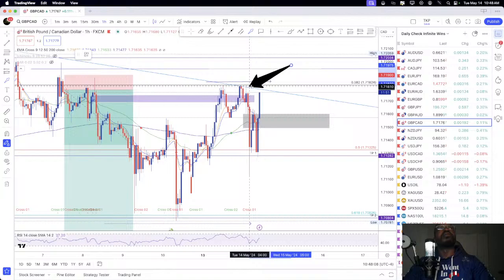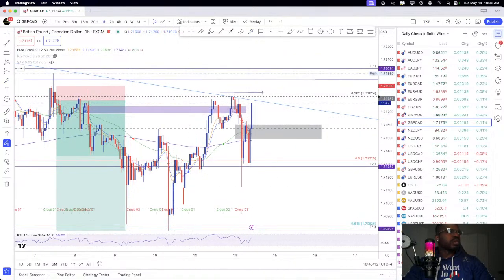Let's see right here if price breaks this high. And we'll check out the rest of the trade setups that we entered in the meanwhile.